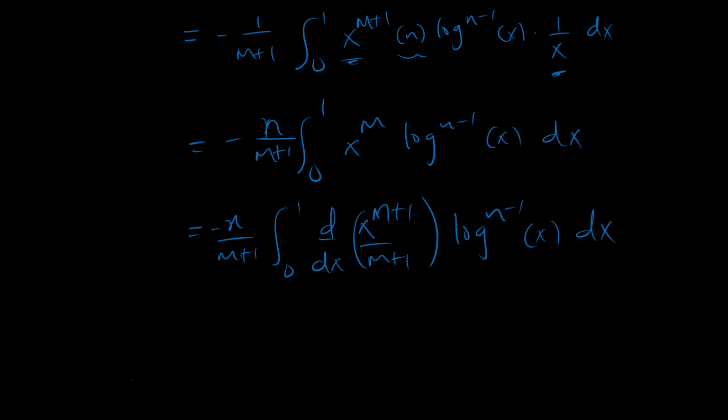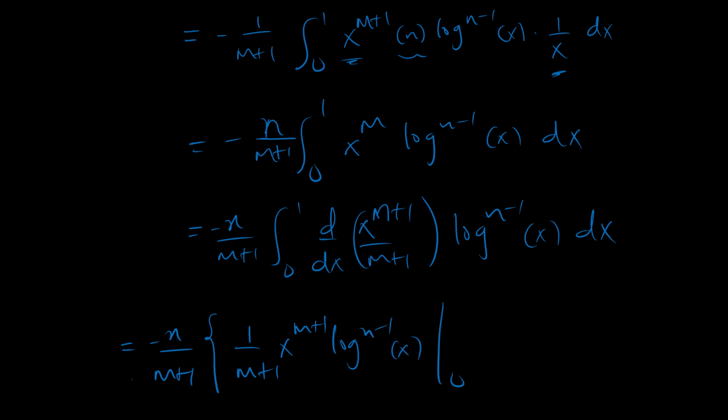Okay. And then we use integration by parts, where now we have 1 over m plus 1 x to the m plus 1 log to the n minus 1 of x from 0 to 1, minus the integral from 0 to 1 of 1 over m plus 1 x to the m plus 1 times the derivative of log to the n minus 1 of x.